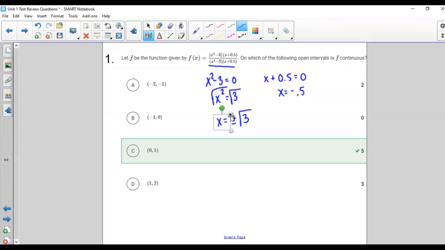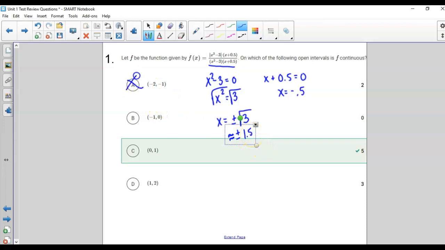And so we don't know exactly what plus or minus square root of 3 is, but I do know the square root of 1 is 1 and the square root of 4 is 2. So this is some number between 1 and 2. So if we estimate it at plus or minus 1.5, that'll do well enough over here because you can see we have all whole numbers for our answers. So between negative 2 and 1, negative 0.5 falls on that interval.